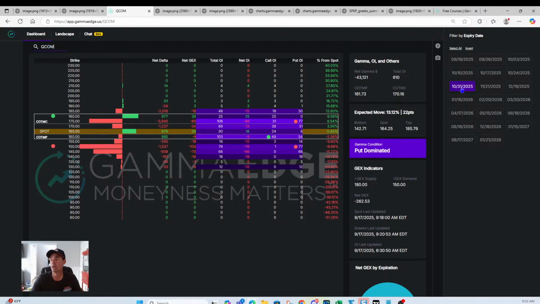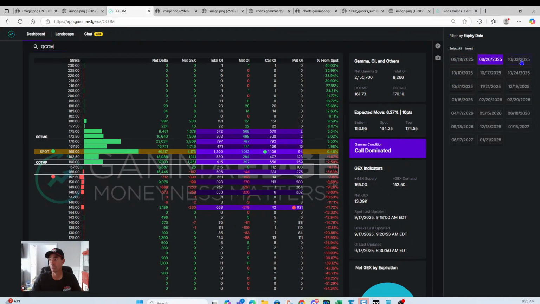Now we do see out in time towards the end of October, PGX advances to 180, but the OI is only 610. This is very key, understanding that the OI is not significant. So this would not be a good structure to say, okay, I'm going to speculate towards the end of October with this OI. Hopefully that helps.